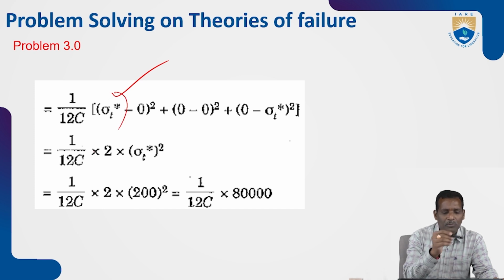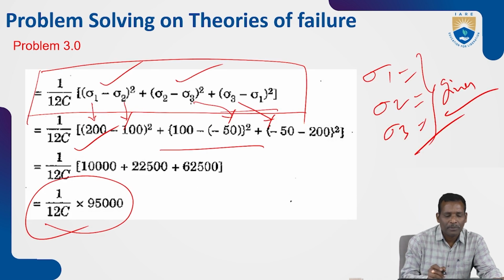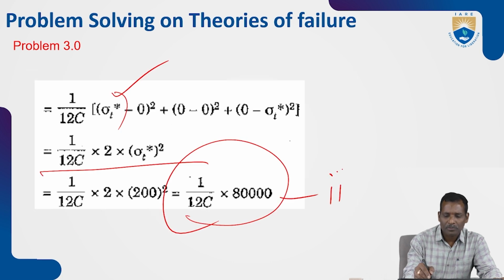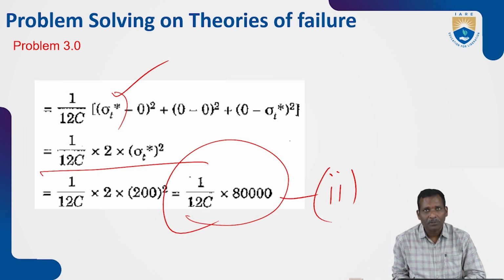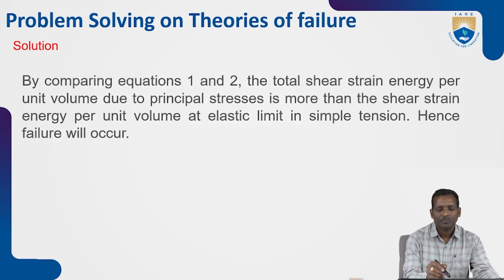So simplify this equation, sigma T is already given. According to the simple tensile test, 1 by 12C into 80,000. This is equation 1 and the previous one is equation 2. So the values we have are 80,000 by 12C and 95,000 by 12C. Now comparing equations 1 and 2.